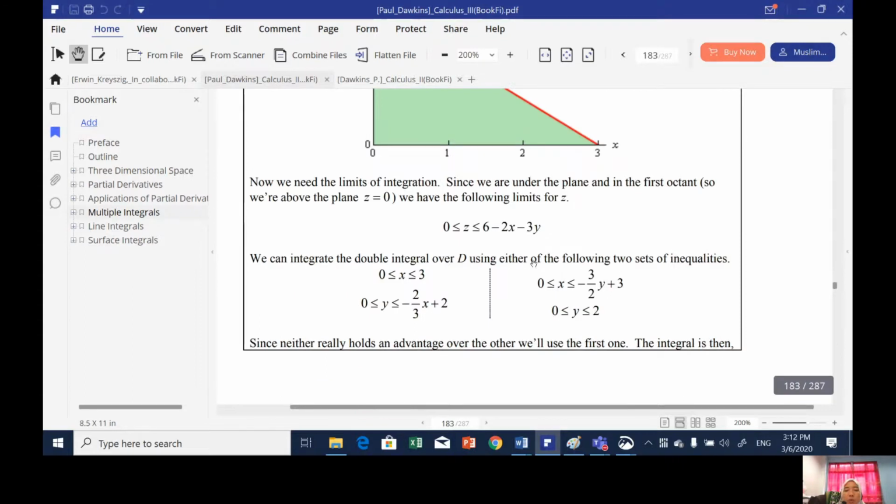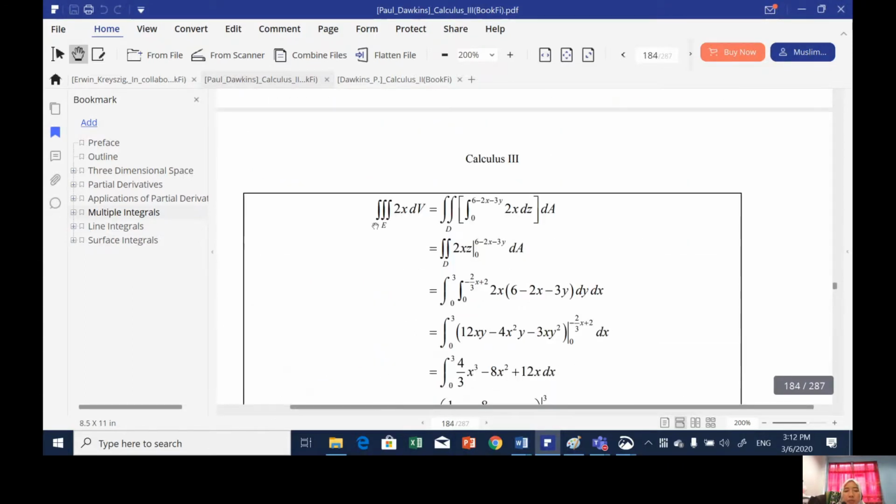Okay, so when we want to evaluate the triple integral, dV, the variable that has an unknown limit, where we do not have a fixed limit, is the z-axis. So z will be the inner part.